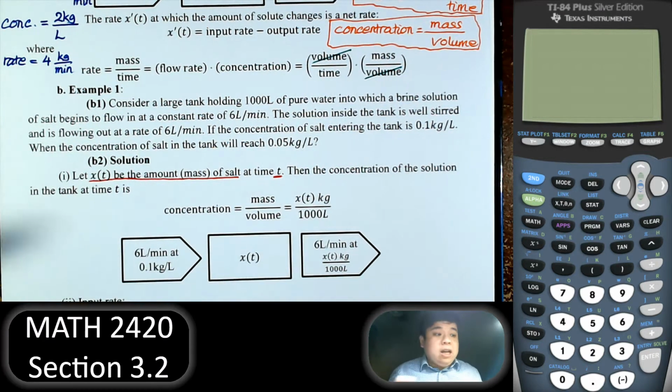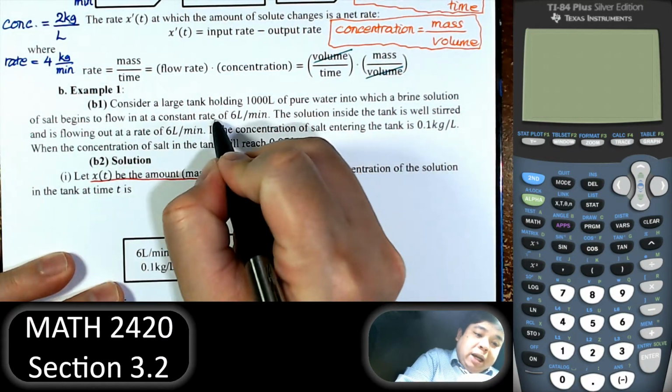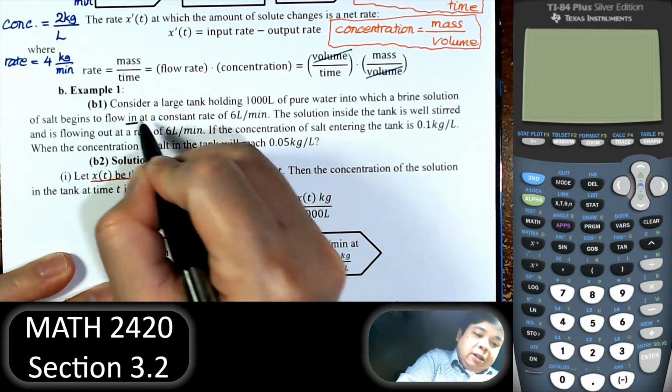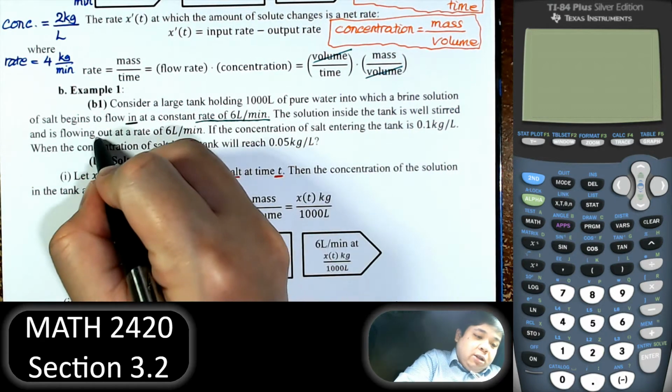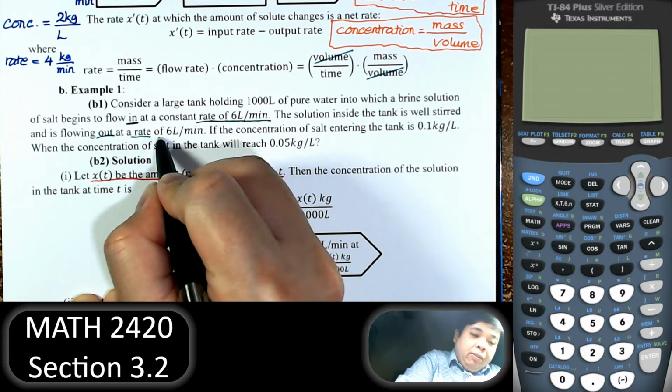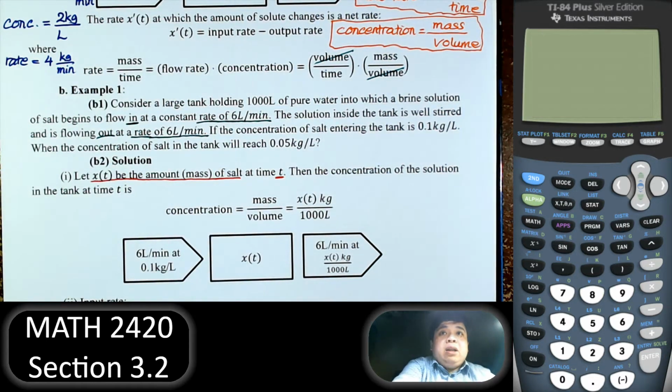One thing to note is that in this problem, the flow rate coming in is 6 liters per minute and the rate out is 6 liters per minute, meaning it goes 6 liters per minute in and 6 liters per minute out. The same amount going in is going out.